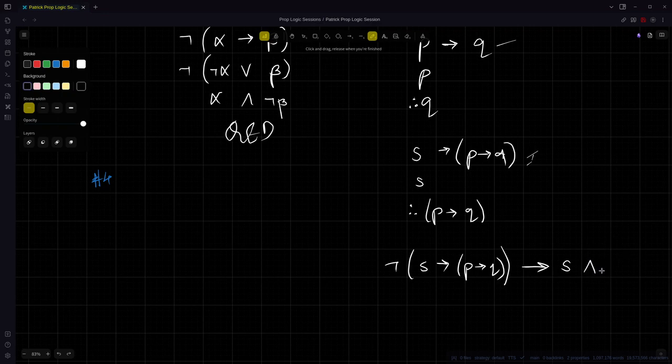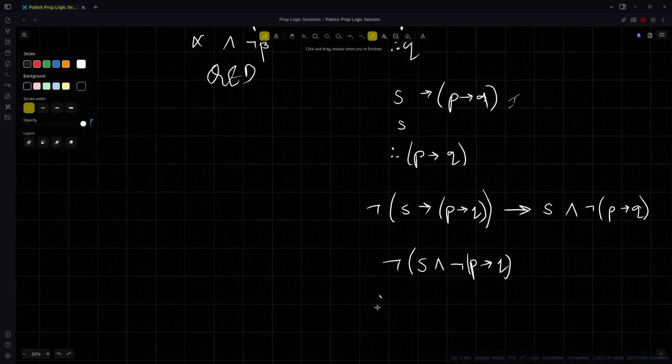And not P implies Q. Not S and P, sorry, not P implies Q. Therefore S implies P implies Q. Something like that.